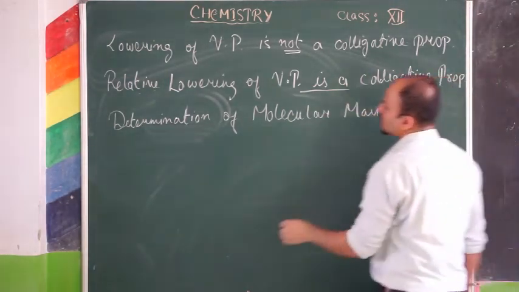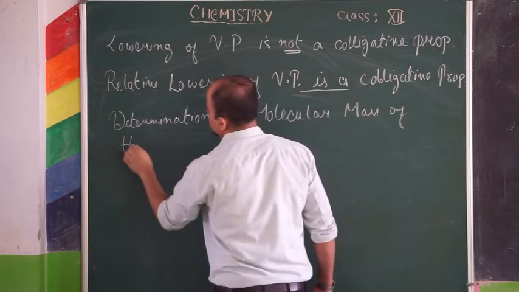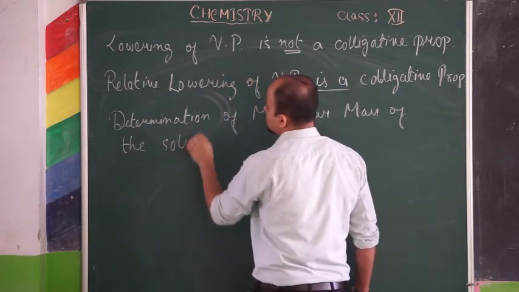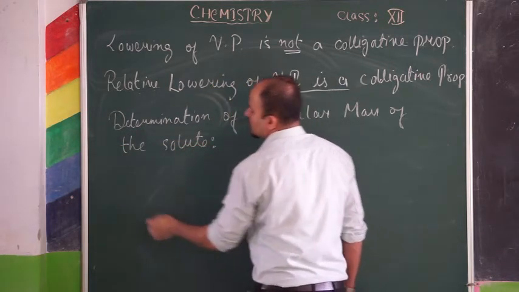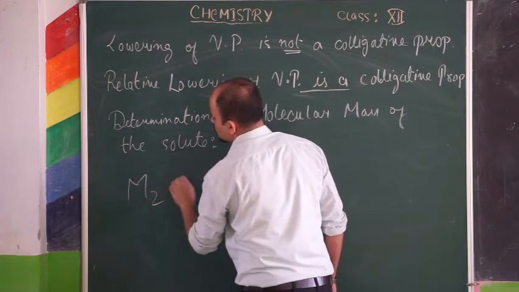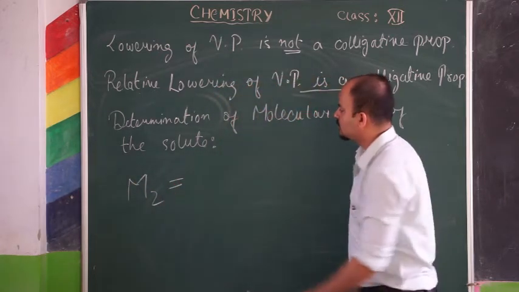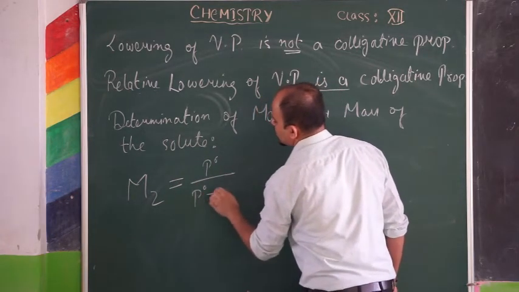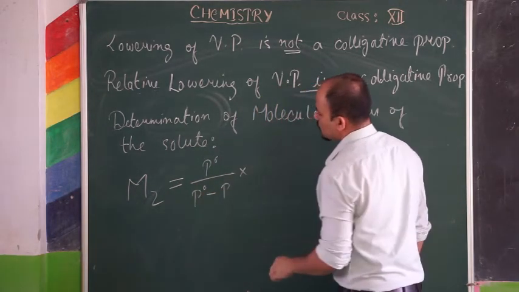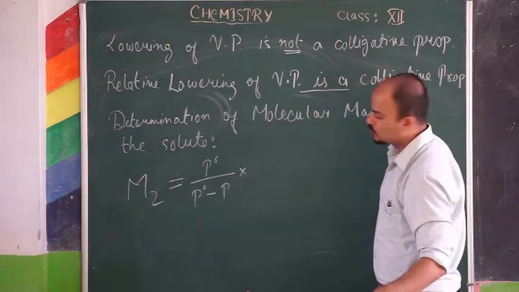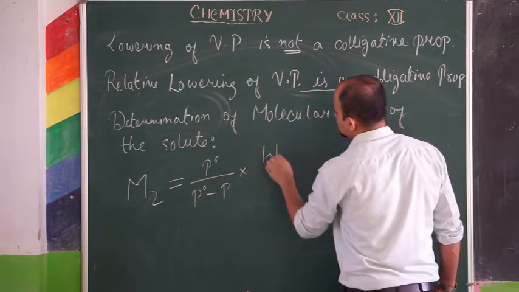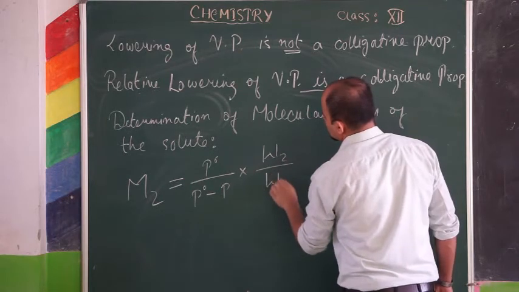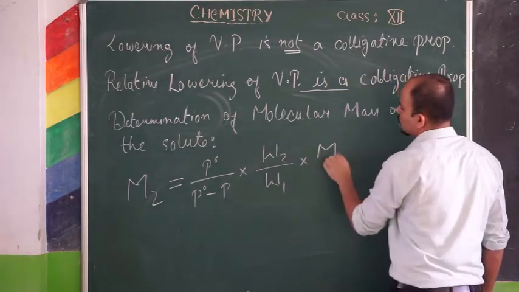Now the numerical will be asked from this particular section. So M2 will be equal to P0 by (P0 minus P) into W2 by W1 into M1.